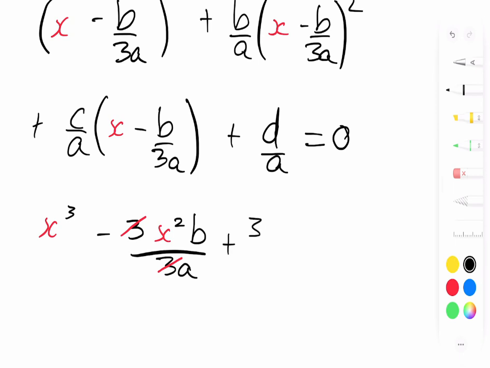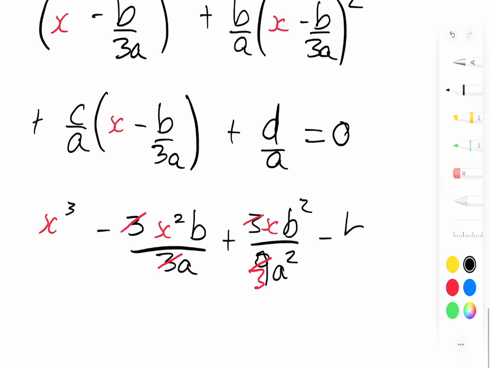Plus 3x b squared over 9a squared, these can cancel and leaving a 3 here, minus b cubed over 27a cubed.